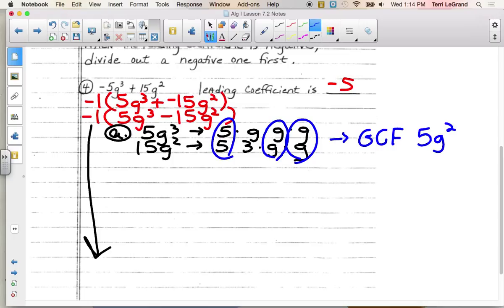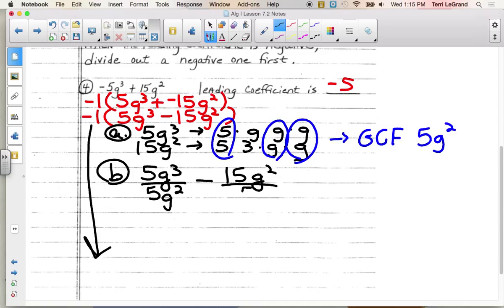So now we say, oh, step B, each of these is divided by that. And it's minus right now. Each of them is divided by our GCF. We haven't forgotten about that -1.